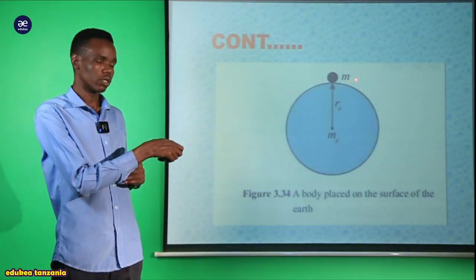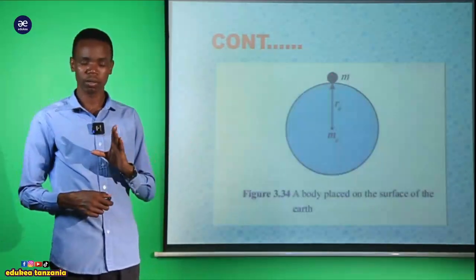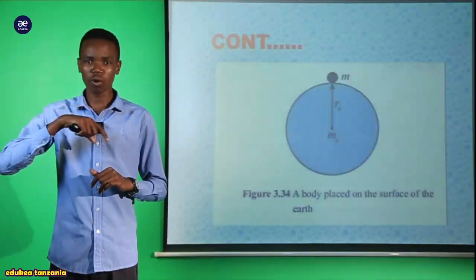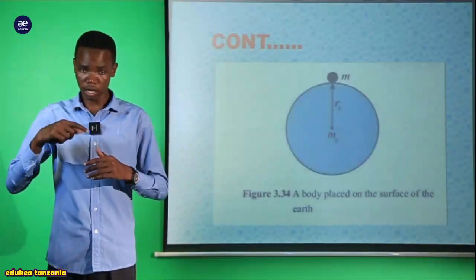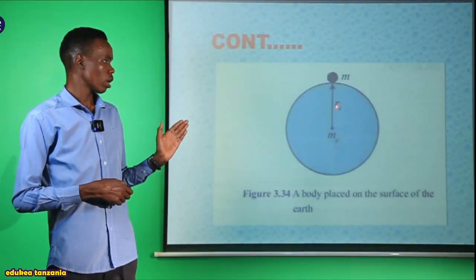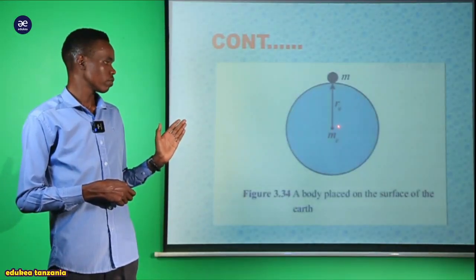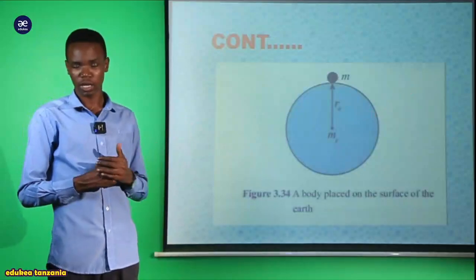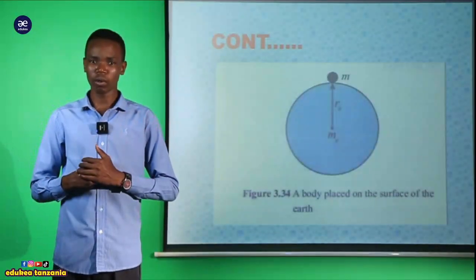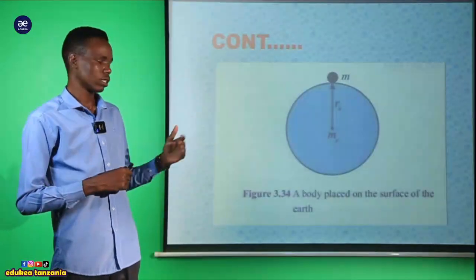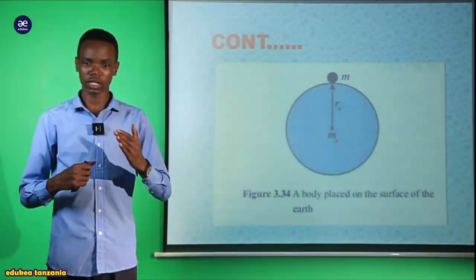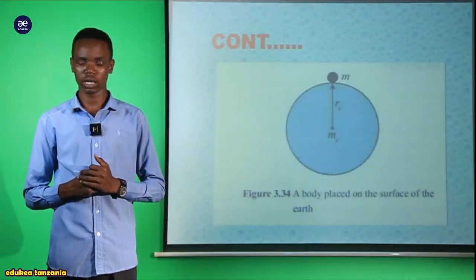We have an object of mass m, and that object tries to move around the Earth. When it moves, it forms the radius of the Earth. It means the distance from the center of the Earth up to the point where the mass is located gives us the distance that we call the radius of the Earth.